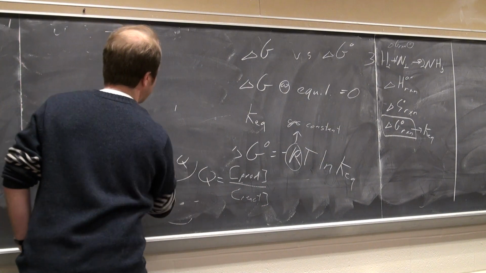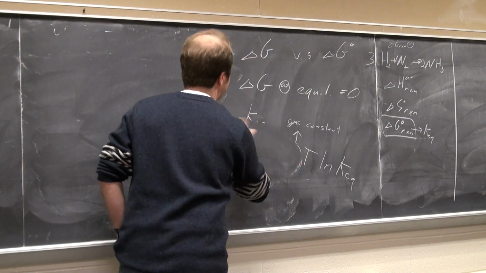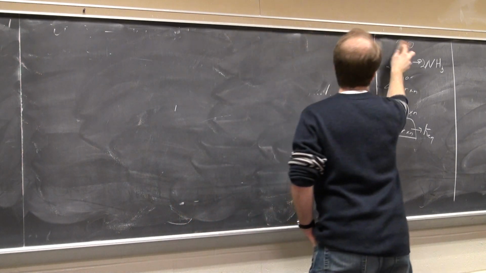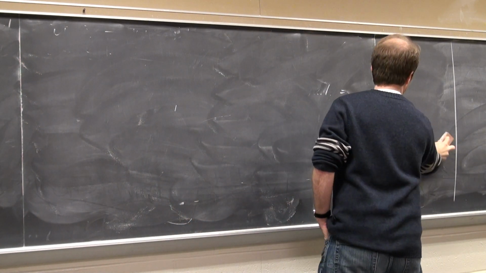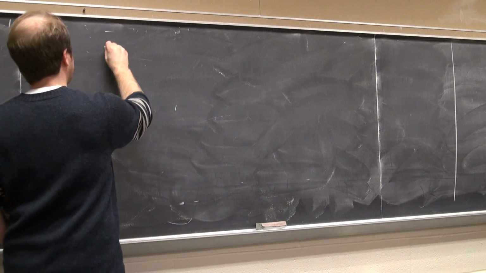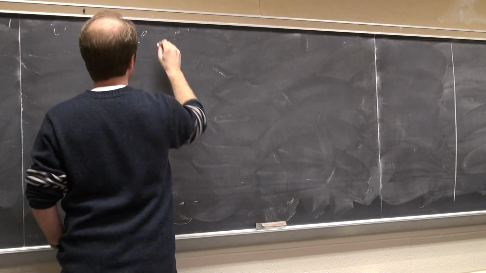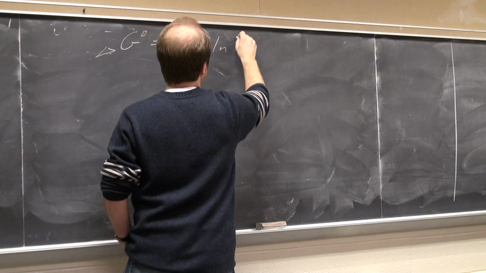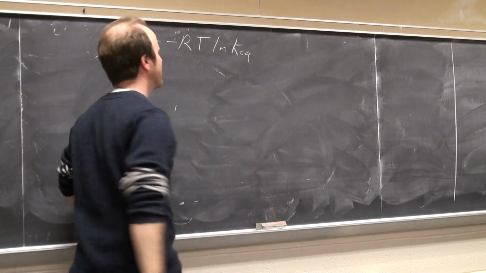So what equation might we want to use to figure out whether KEQ is greater than 1 or less than 1? Delta G equation? Yeah. Well, we have lots of delta G equations. Delta G0 is negative RT ln KEQ, right?